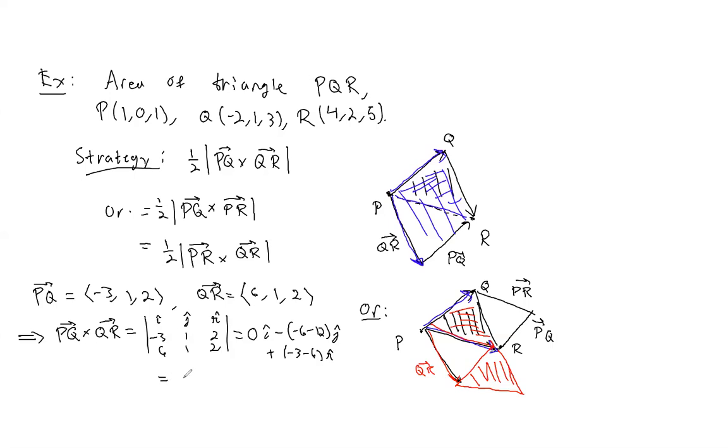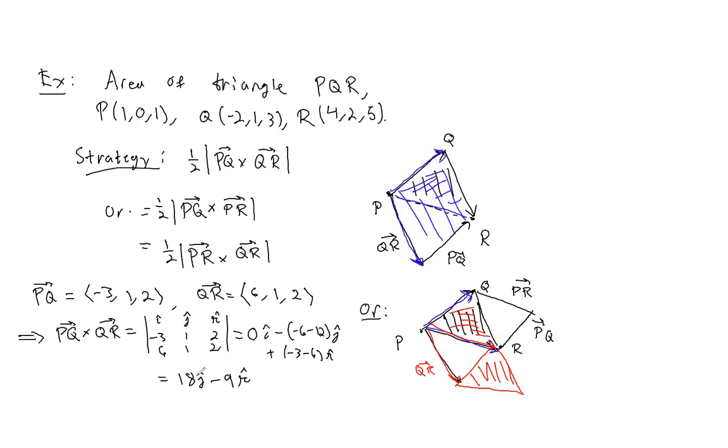Or in other words, what is that? 18j minus 9k, right? And if you try this, we see, yeah, that's going to be orthogonal.